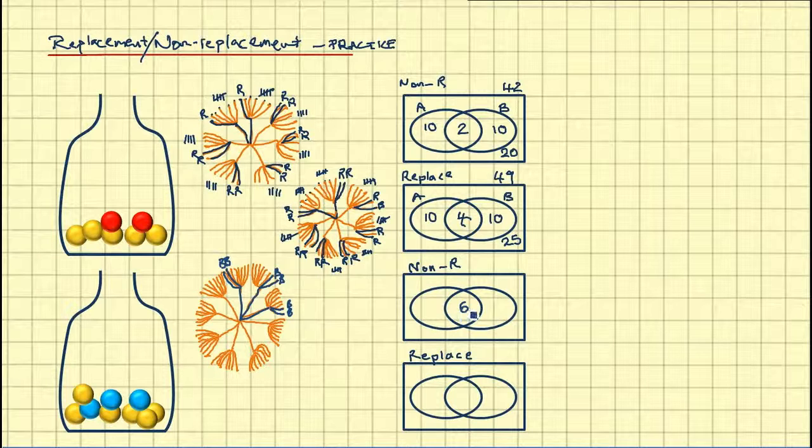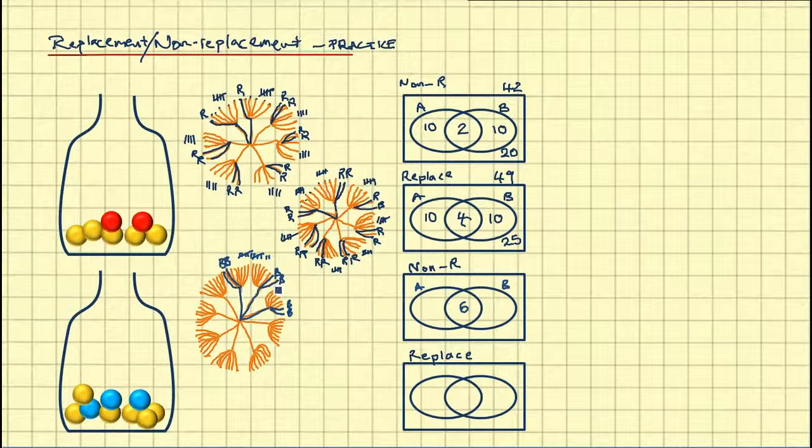Okay, so what about only drawing one of our favourable blue outcomes in the first round, but not in the second? Well, that would be here, here, here, here, and in this area here. So we've got 1, 2, 3, 4, 5, 6. And here we've got a further 6.